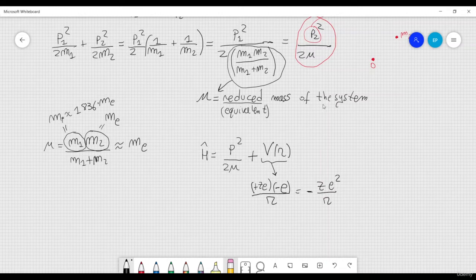Last time we wrote the Hamiltonian for a hydrogen-like atom, and the expression that we wrote down is this one here, with the expression for the potential energy written in here. And let me say something more about the potential energy, because in general, the expression for the potential energy is usually written like this.